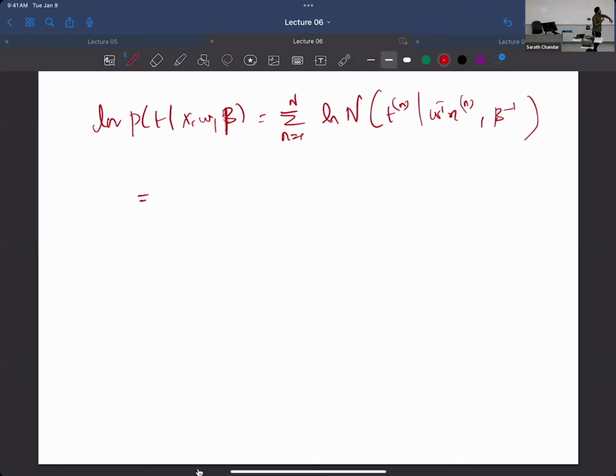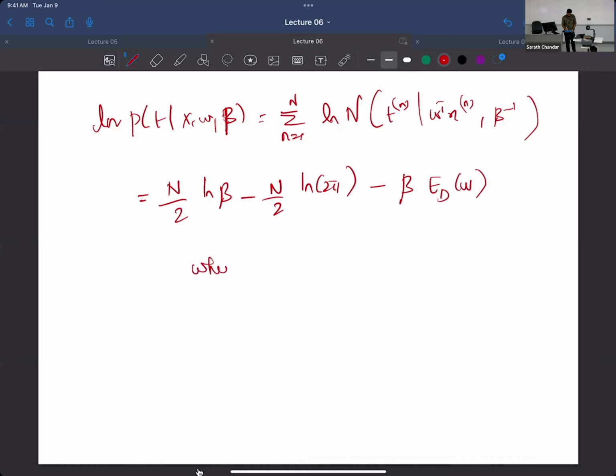If you substitute the density function for the Gaussian here, you will get something like this. It is going to be N by 2 ln beta minus N by 2 ln 2 pi minus beta times ED of W, where ED of W is given by 1 over 2 summation n equal to 1 to capital N of (tn minus w transpose xn) the whole square.